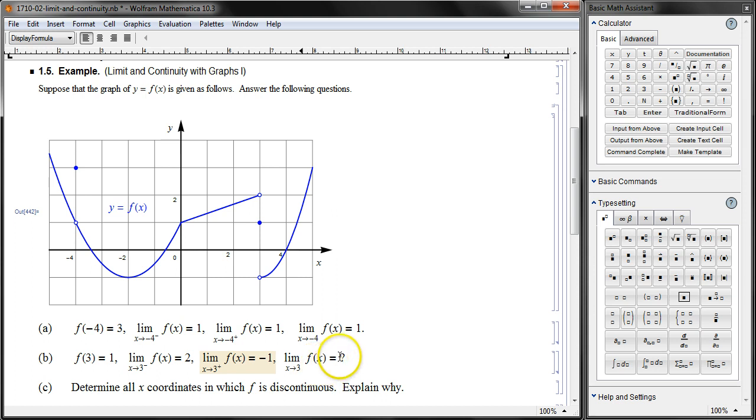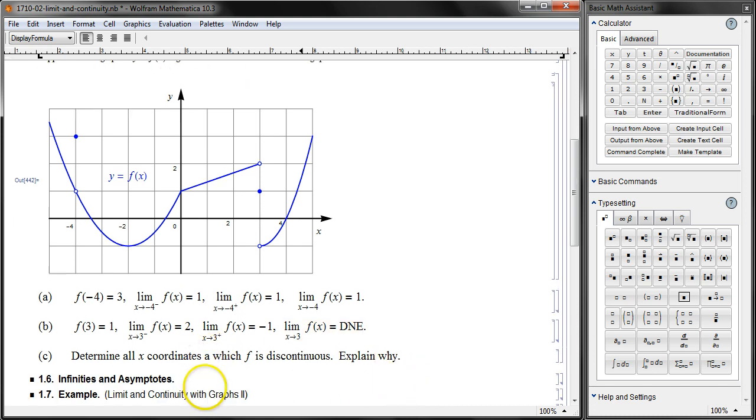And then how about the limit? The limit does not exist because these two values are not the same, excuse me. Therefore, we cannot possibly have a common value. The limit does not exist. Determine all x coordinates at which f is discontinuous.